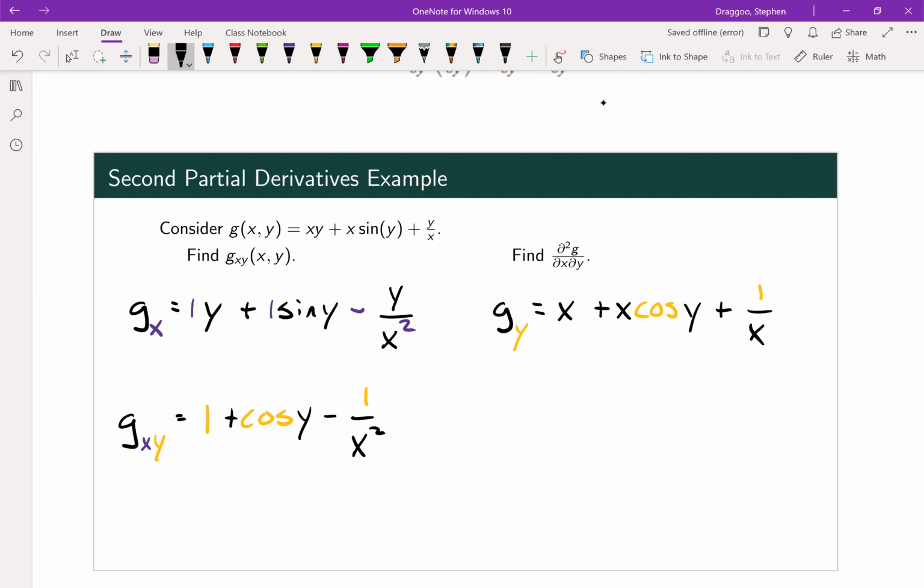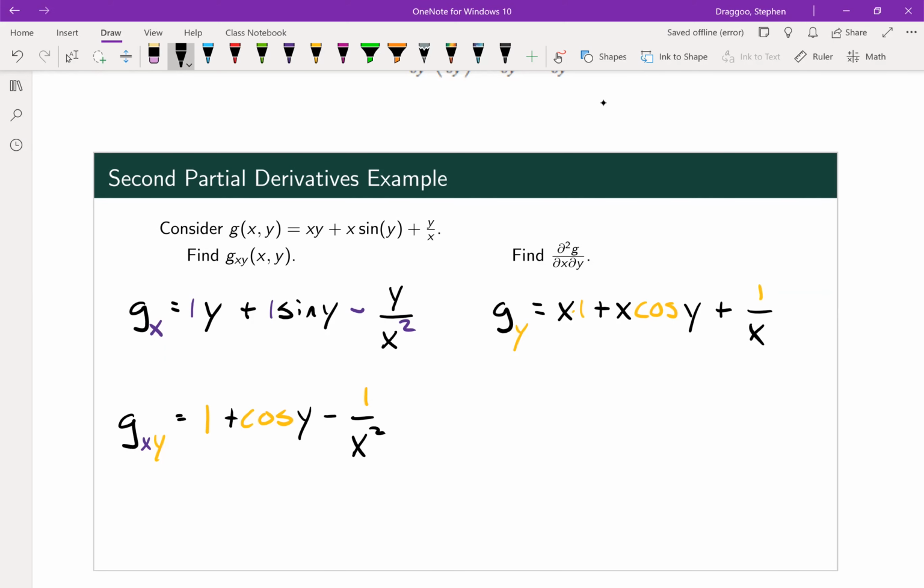Again, this time we just pretend that x is a constant and take all of our derivatives with respect to y. Of course, there's also a times 1 on that first term, since the derivative of xy is just x times 1 if we're taking derivatives with respect to y.